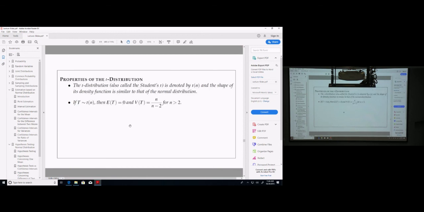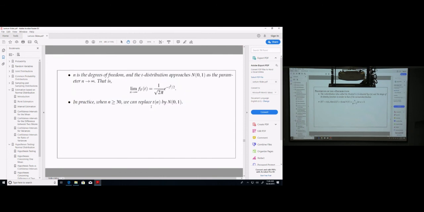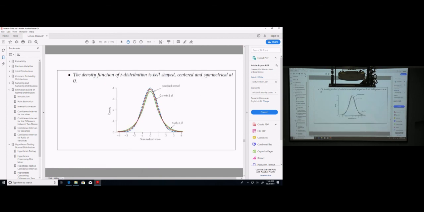So by the way, this is an example where a t-distribution does not have a variance, when n equals 2, for example. This t with degree of freedom 2 will not have a finite variance. Okay, this is not crucial.